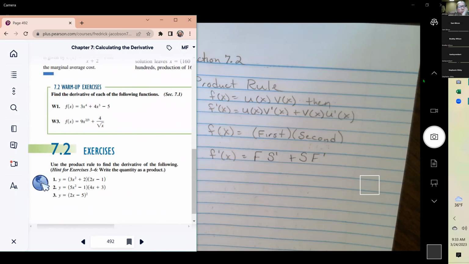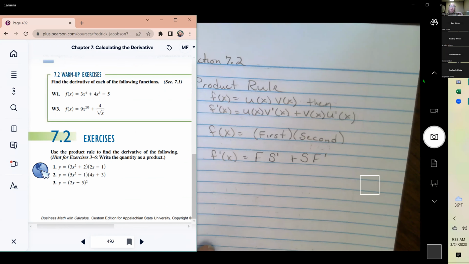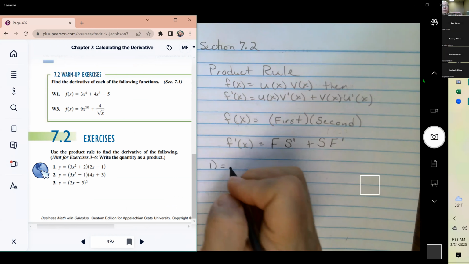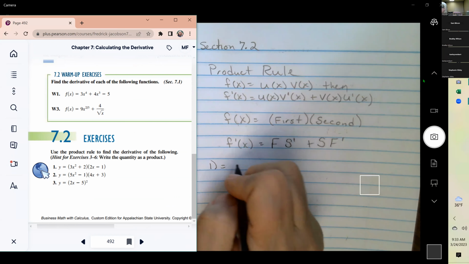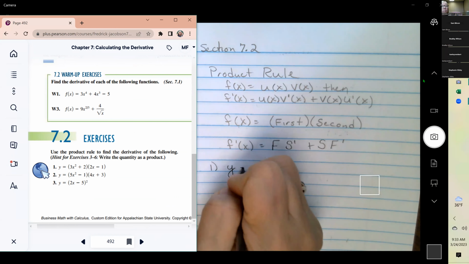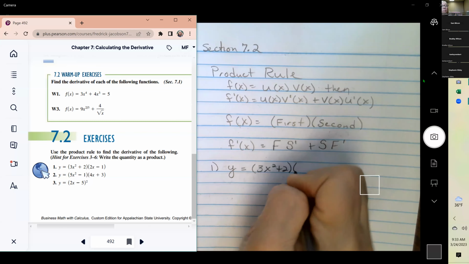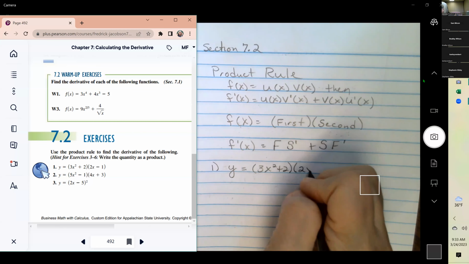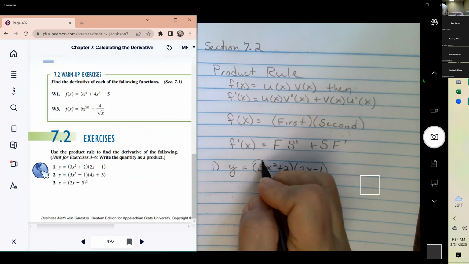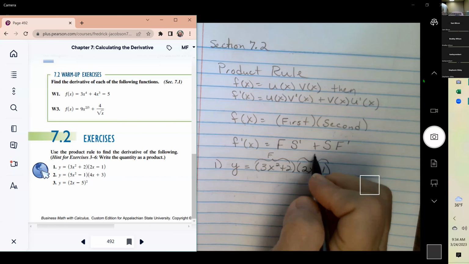Oops, that's the one. Here we go. Okay, let's try one. So number one, and this is similar to your homework problem. This is the first, and this is the second.